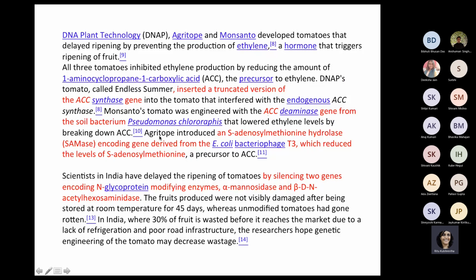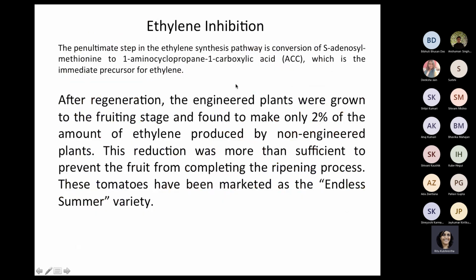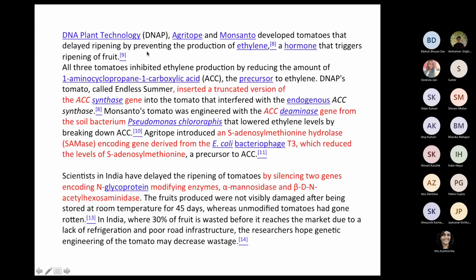In this case, they took a gene from a phage. It's a T3 bacteriophage, which has this gene called SAMase, that is S-adenosyl methionine hydrolase. So if you remember that for ACC synthesis, SAM is also important. So this reduced the level of SAM, which is a precursor to ACC.